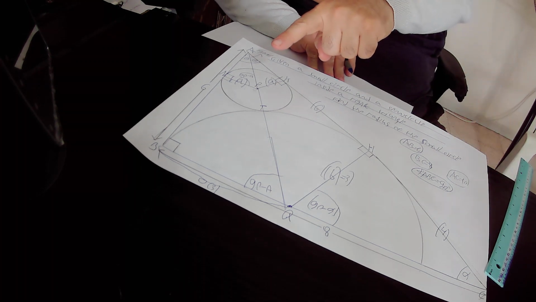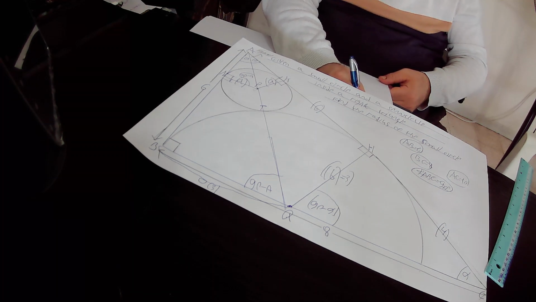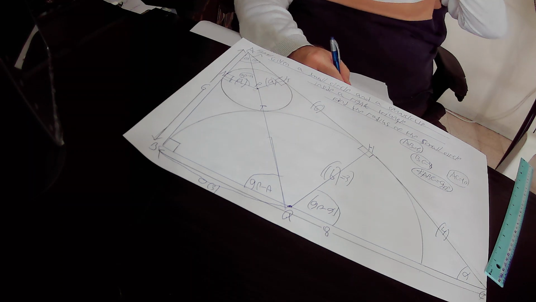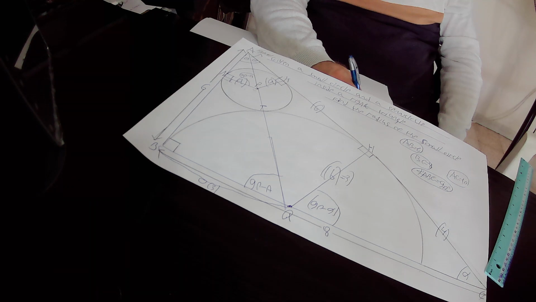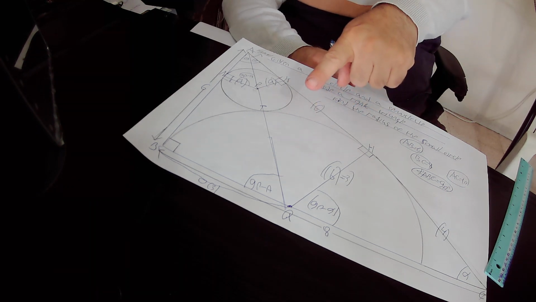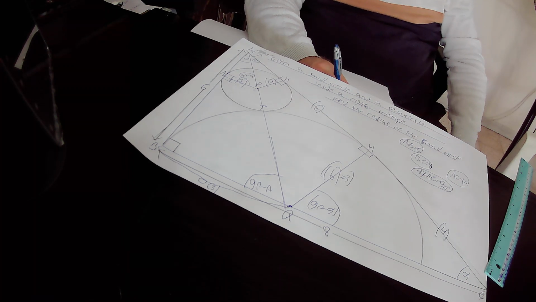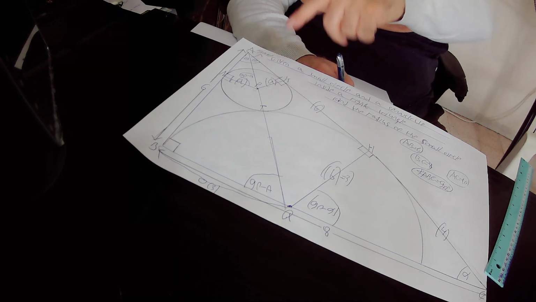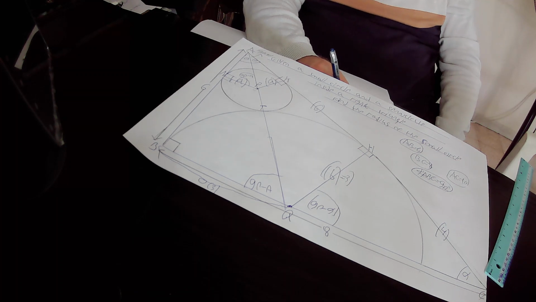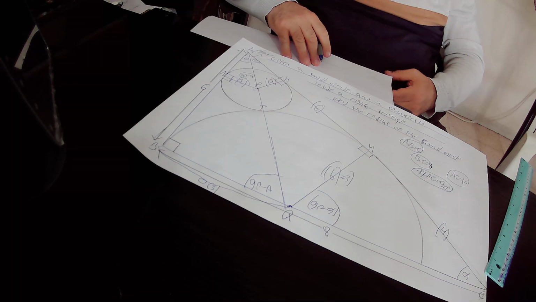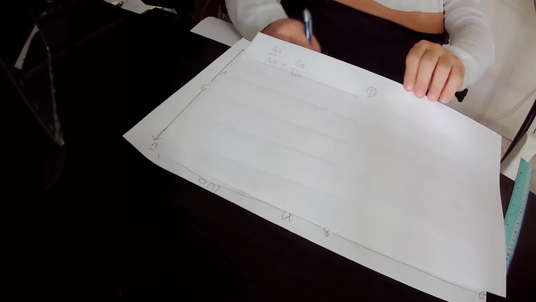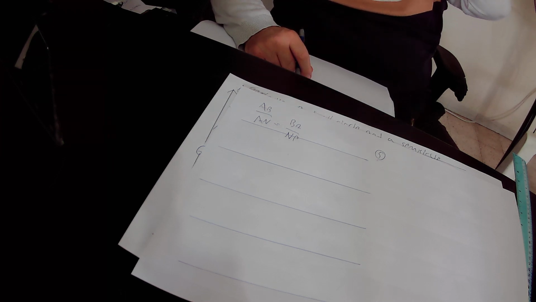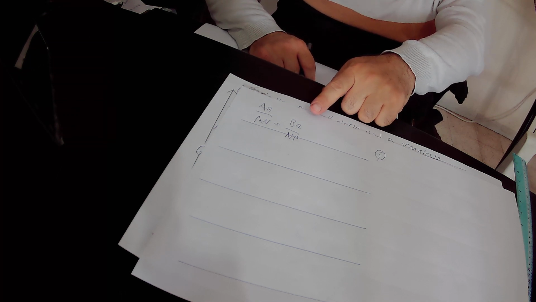Side AB in the big right triangle ABQ over side AN in the small right triangle ANP equals side BQ in the big right triangle ABQ over side NP in the small right triangle ANP.